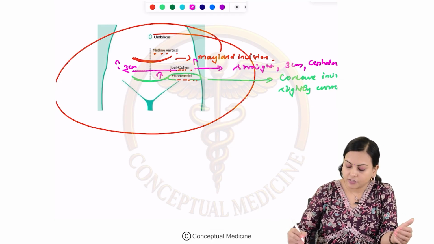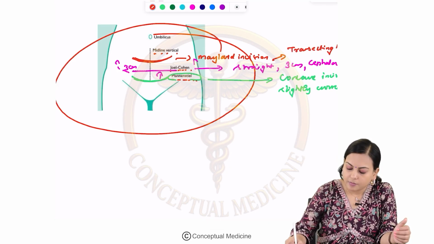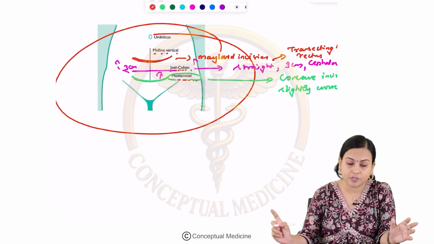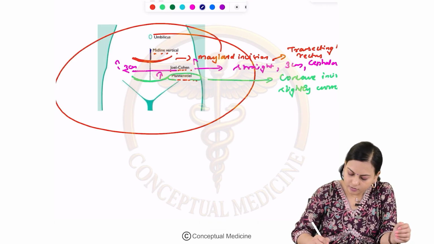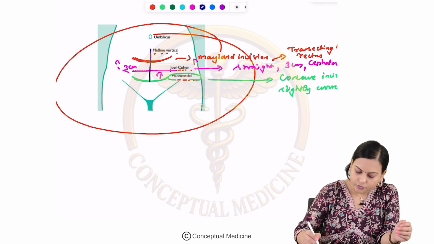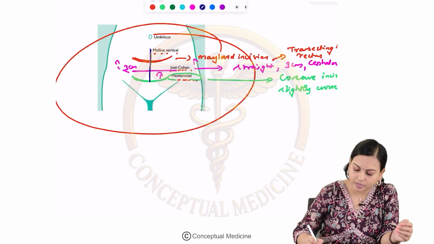Then we have the Maylard incision. The importance of this incision is that you will be transecting the abdominal muscles, especially the rectus muscle. And then we have a midline vertical incision, which can be a midline incision or a paramedian incision, but it is rarely used.